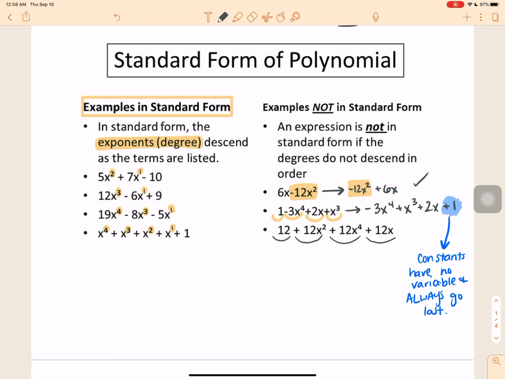So I know that my x to the 4th is the biggest, so I need to put that first, 12x to the 4th. And then my 12x squared is the next biggest, so plus 12x squared. And then my 12x is the next biggest, 12x to the 1st. And then my constant goes last, plus 12. Okay, so now that one's in standard form, and this one was as well.